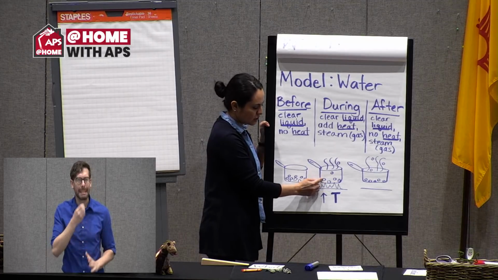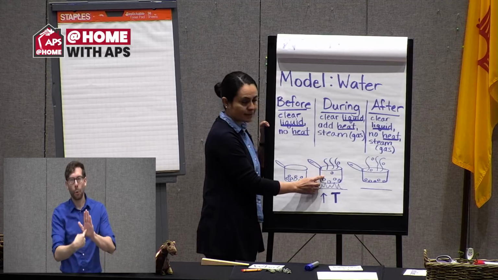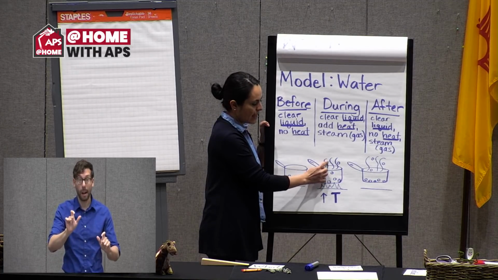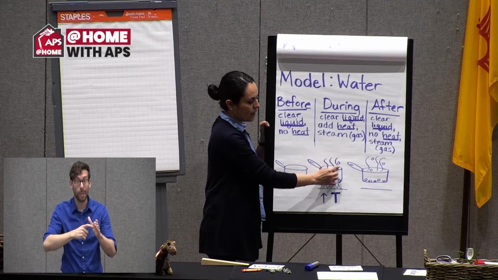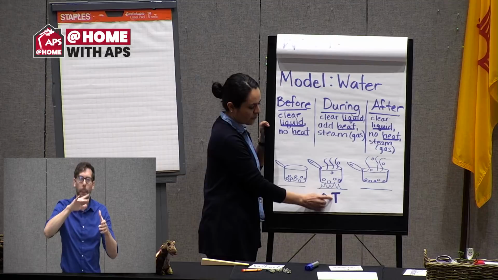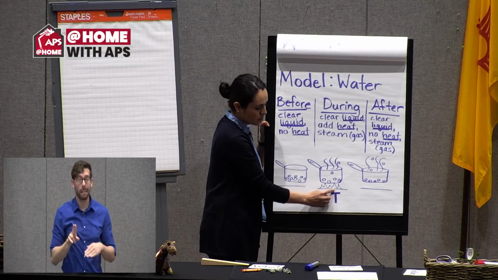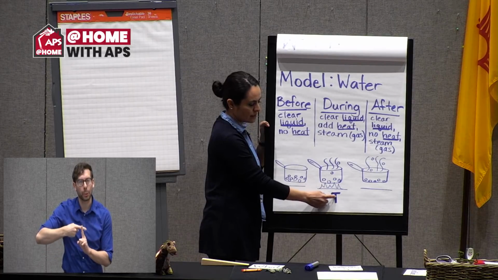Then I start to show that I have a liquid, but then some gas is starting to appear, and I can observe that there's some steam. And I used these wavy lines to represent steam. And then I also used the letter T to represent temperature, and then I used an arrow to show an increase in temperature.